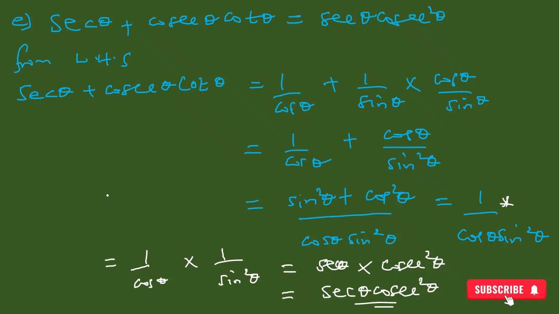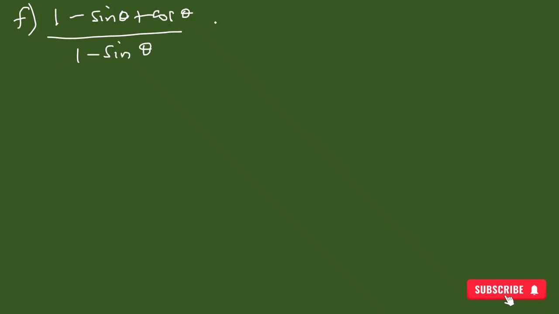We look at one more proof. Trigonometrical proof F. If we want to prove that (1 minus sine theta plus cos theta) over (1 minus sine theta) is equal to (1 plus sine theta plus cos theta) over cos theta.